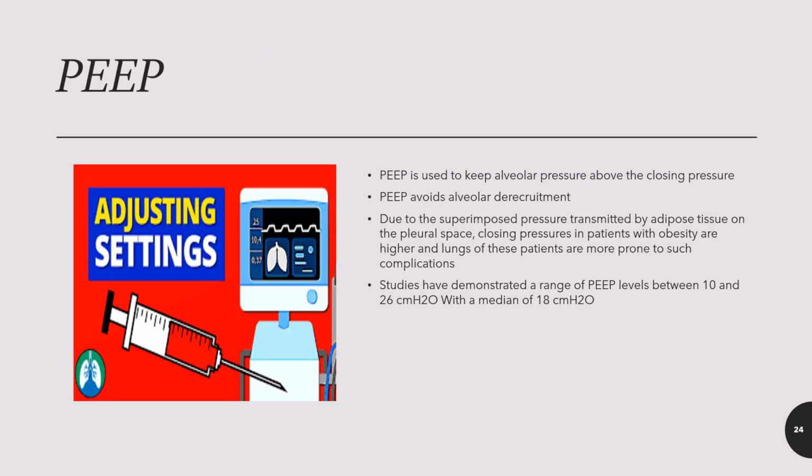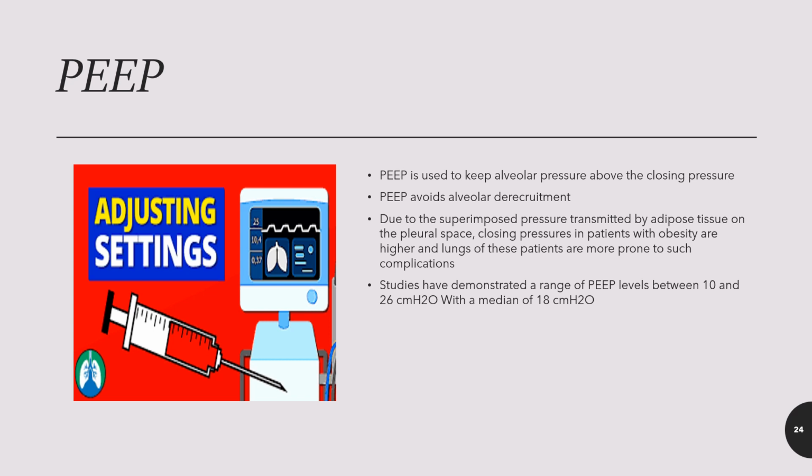I wanted to go a little bit deeper into PEEP. The use of PEEP in the obese population is actually to prevent alveolar de-recruitment. More than actually recruiting the alveoli, it prevents their de-recruitment.